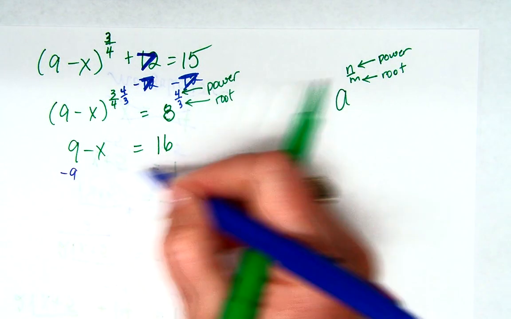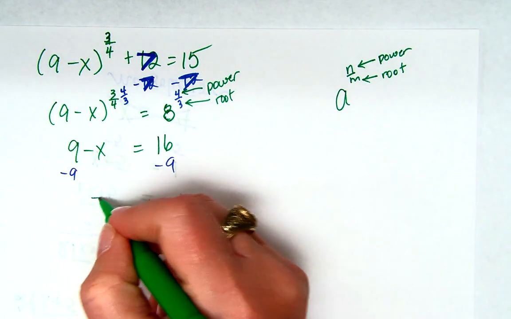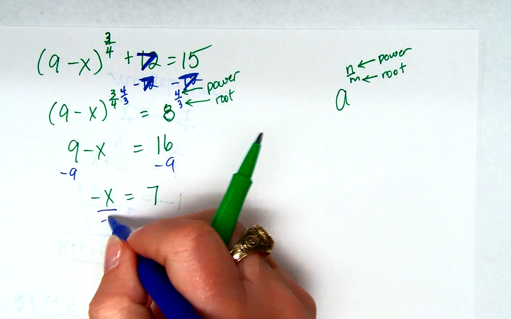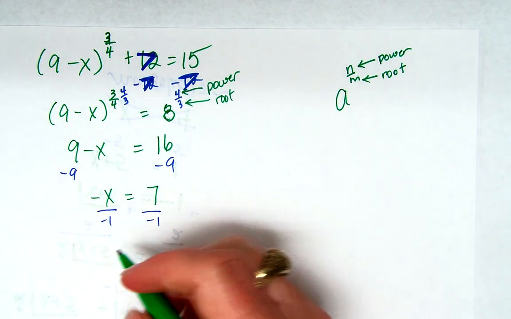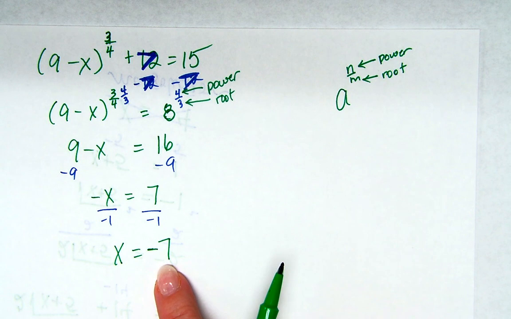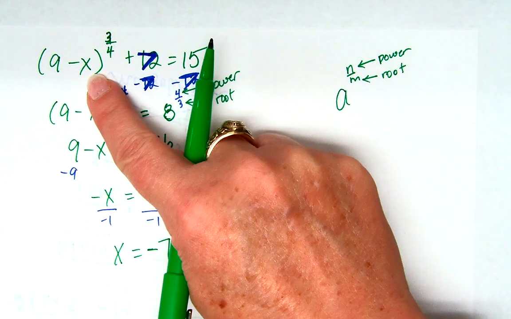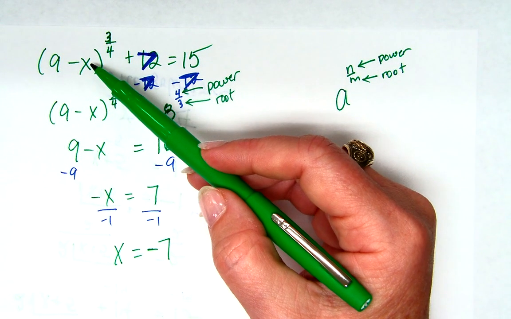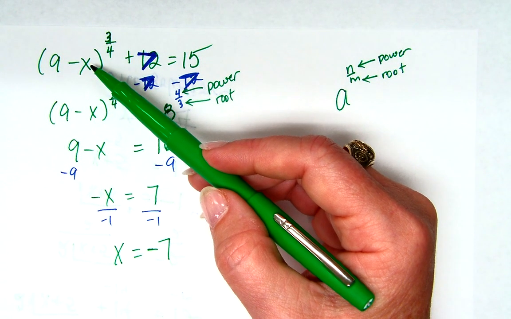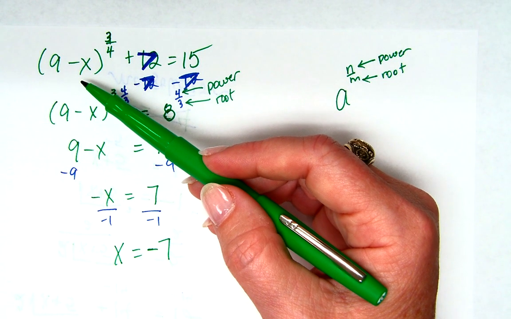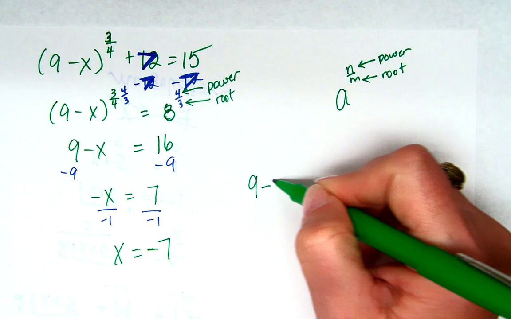If I subtract 9 from both sides, I get negative x equals 7. x equals negative 7. Do we panic right here and write no solution because I got an answer that was negative? No, right? Negative answers are fine. Go back up to the top. 9 minus a negative 7 is 16, right?